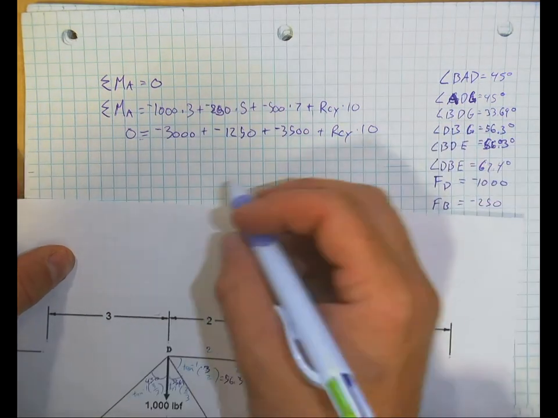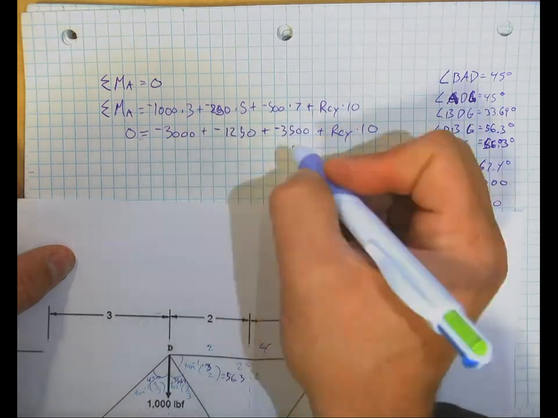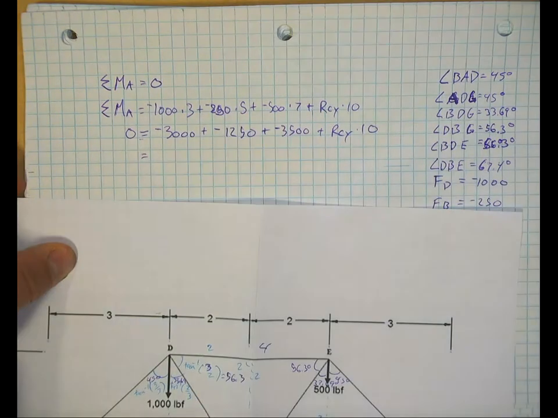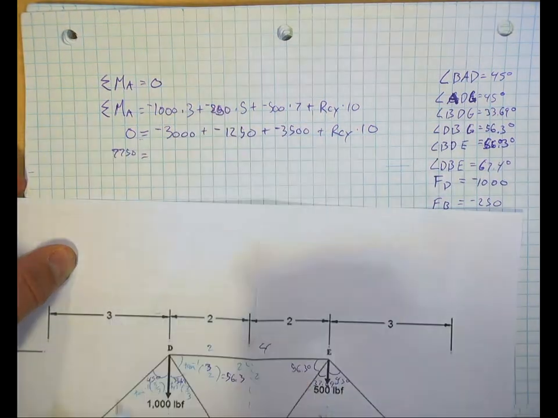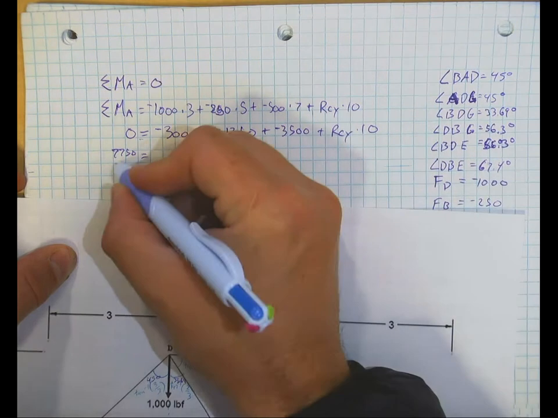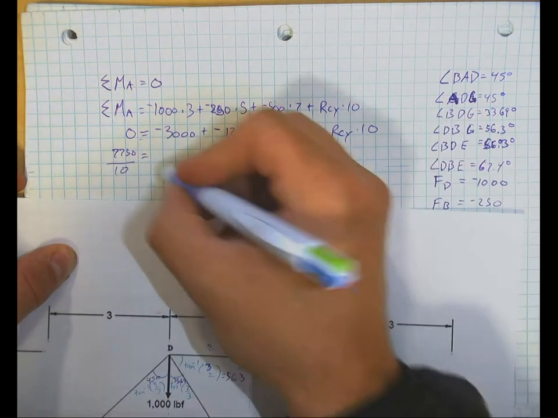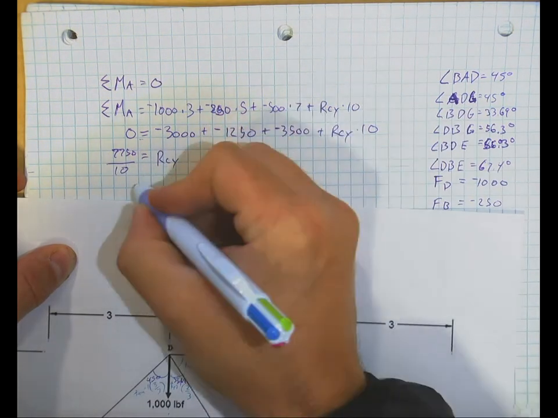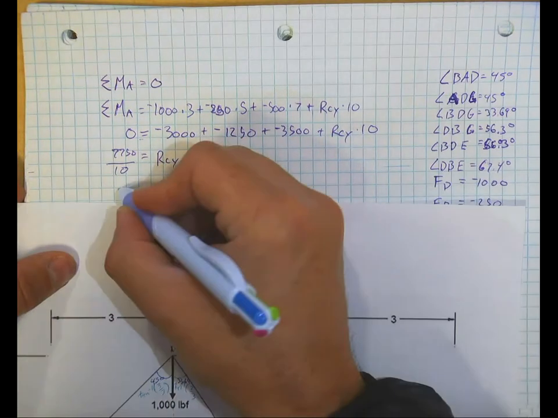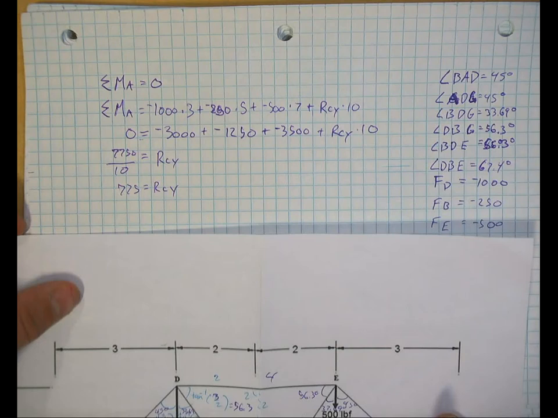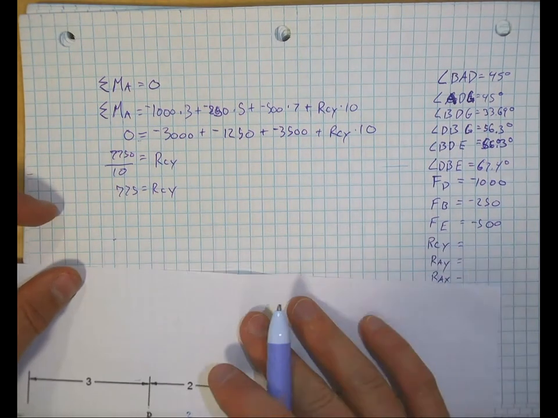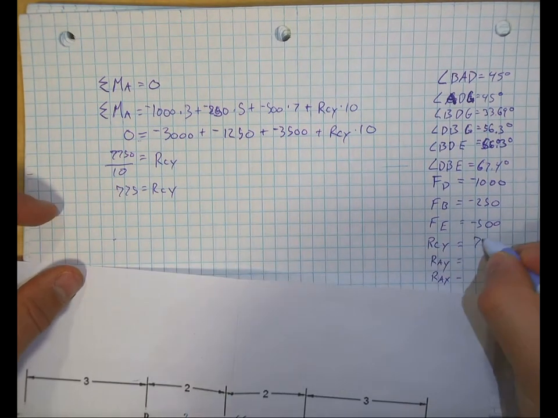So what we get is 7,750 divided by 10 equals RCY, so 775 equals RCY. Okay, so that's the summing of our moments. We get RCY is 775.